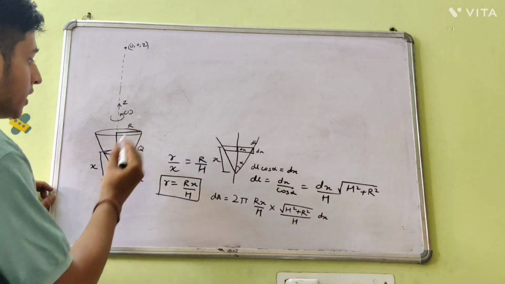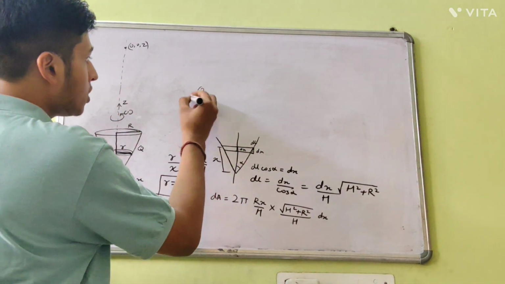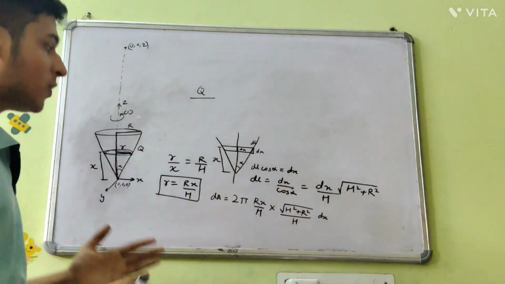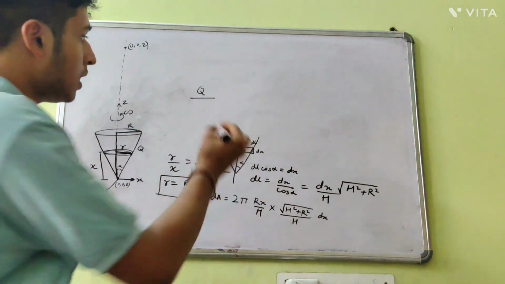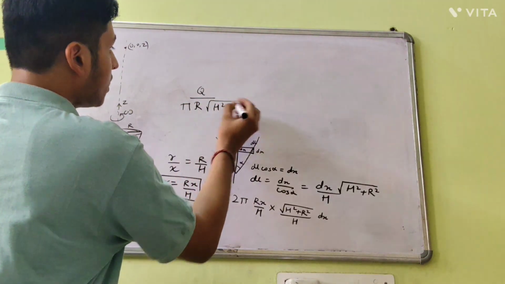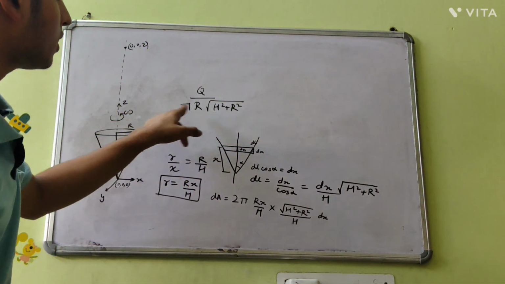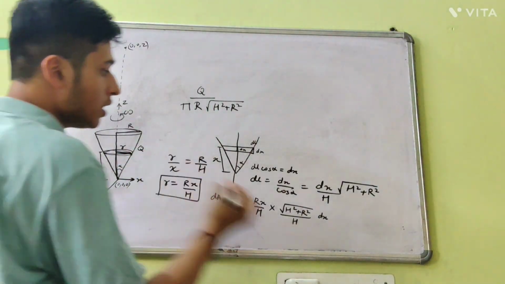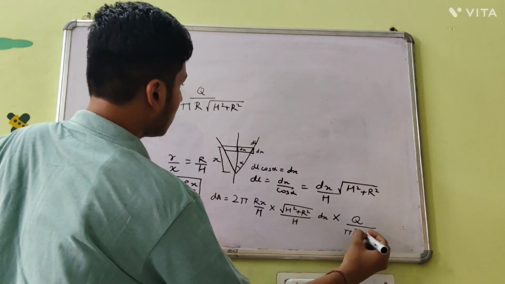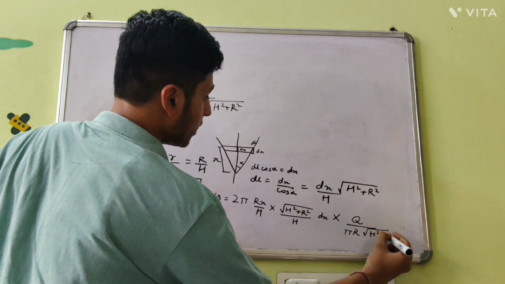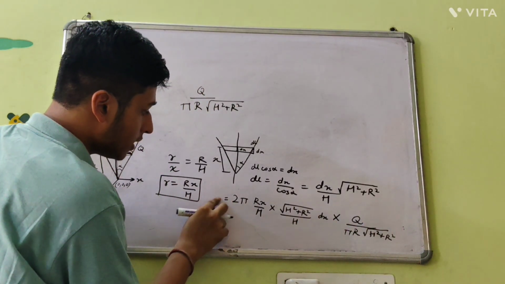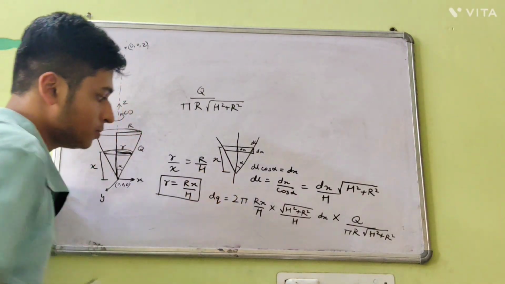Now the charge density on this cone is charge per unit area. So total charge upon total area of the cone. The total area of the cone is pi R l, so pi R into under root h square plus R square. Charge upon the curved surface area of the cone. So when we multiply it by q by pi R under root h square plus R square, this will be dA into charge density, that is small charge dq.